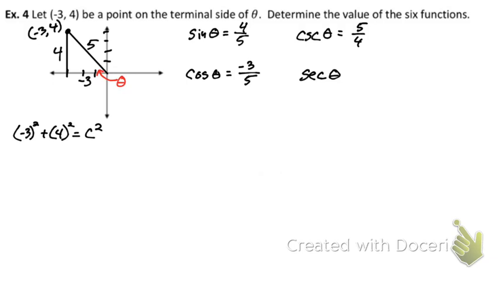Our secant of theta is going to be negative 5 over 3. Our tangent of theta is going to be, a TOA, opposite over adjacent, so that's going to be 4 over negative 3. And so our cotangent is going to be negative 3 over 4.